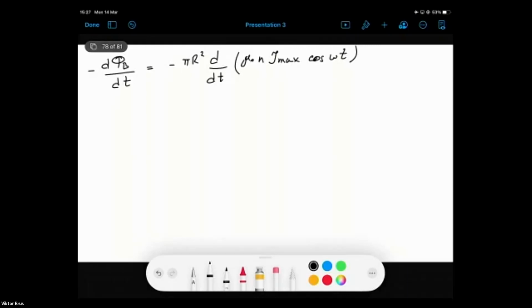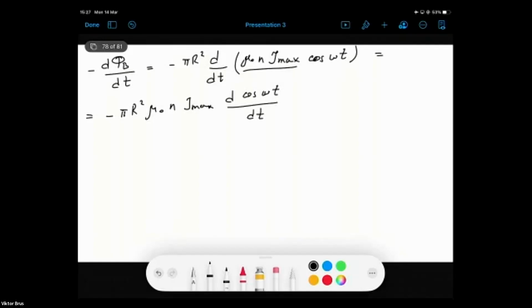So here these three are constants, so we can take them out of the parentheses. The derivative will be minus pi r squared mu naught n I maximum times d cosine omega t over dt.